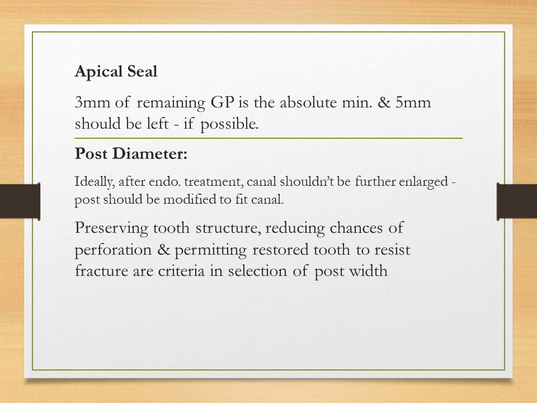In very large canals, of course, the smallest post is not suitable, because we want a snug fit into the root canal system. So if there are very wide canals, we prepare the root canal with the necessary post drills according to the diameter of the canal. So that is how you decide how much post diameter is required.